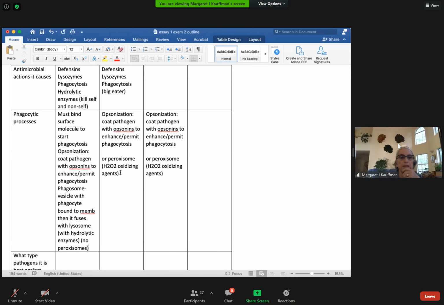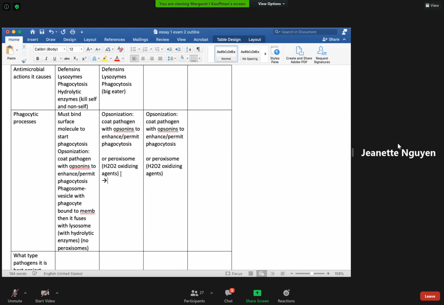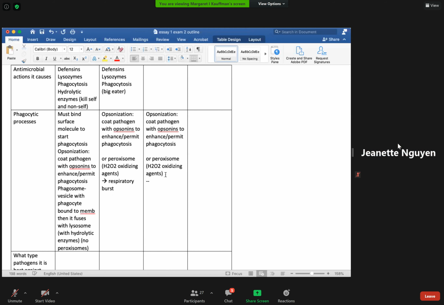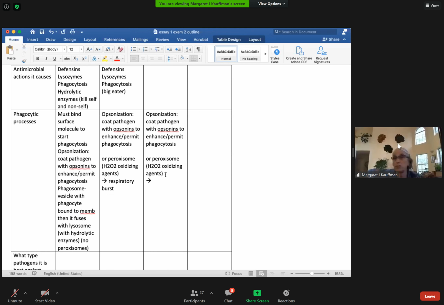So what happens when they release these hydrogen peroxide oxidizing agents? What do you call that? It's called a respiratory burst. Good. Okay, so this is just another way of killing. So if you can't digest, maybe there's no particular substrate on that pathogen that the enzymes can act on, well, we have another alternative.